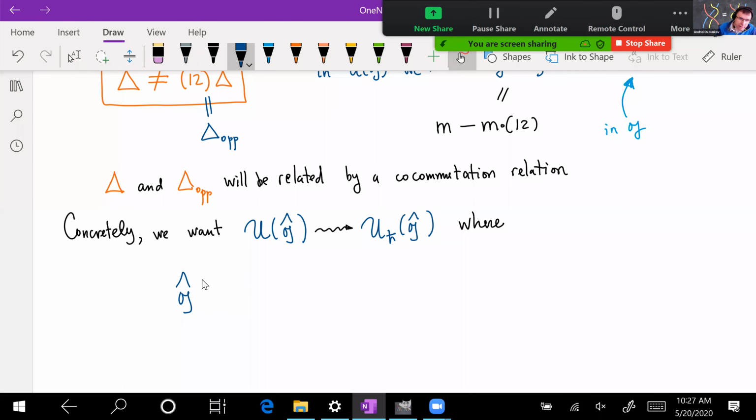So g hat will be a Lie algebra of maps from some group G. This G could be the additive group, or the multiplicative group.